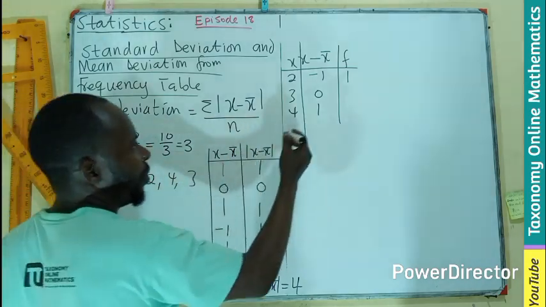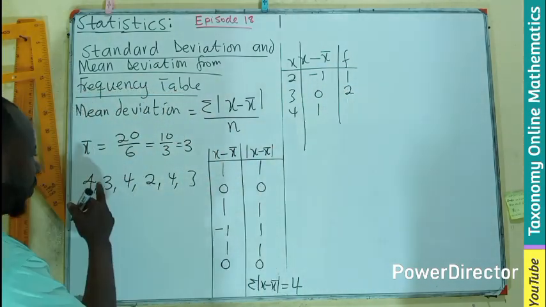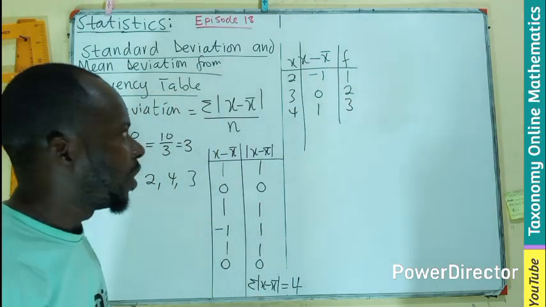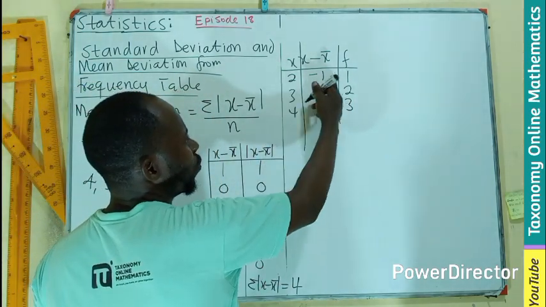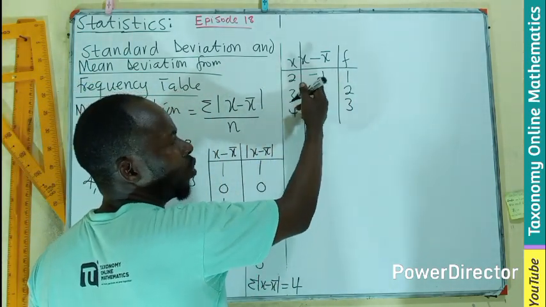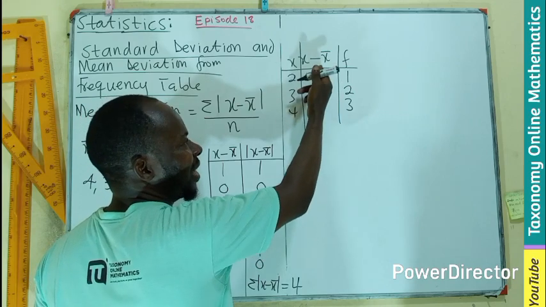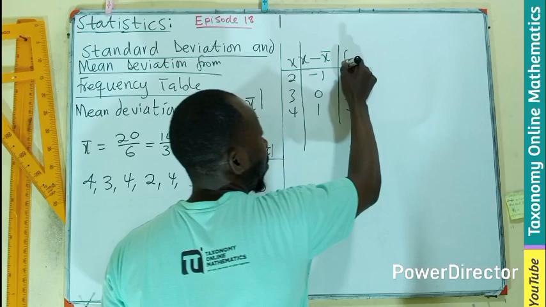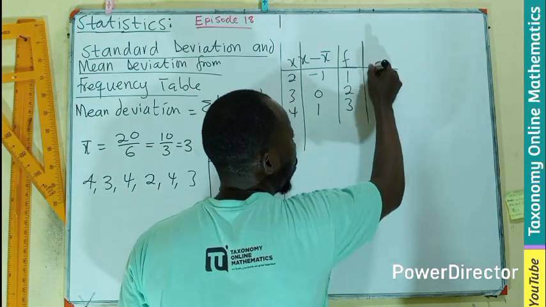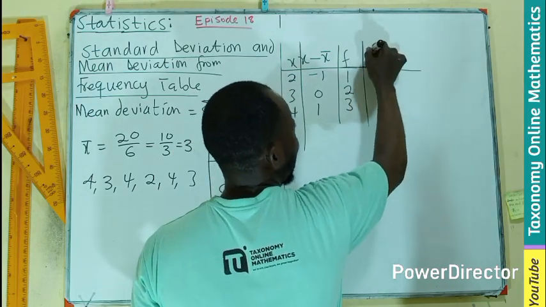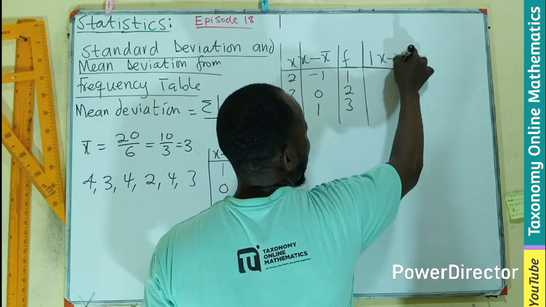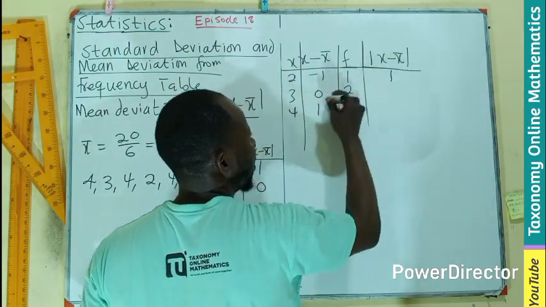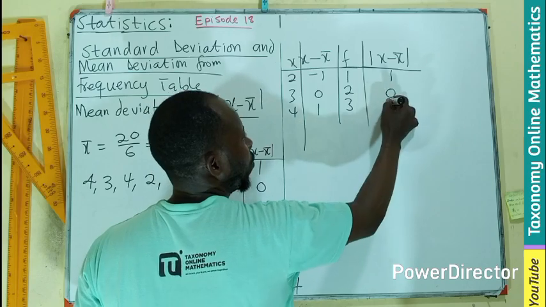The 3 appears 2 times. The 4 appears 3 times. So if I am to introduce all of this to find the total sum, I need to multiply this by this. So work with me. We are only deriving the formula. So follow through with me. The absolute values are 1, 0, 1.